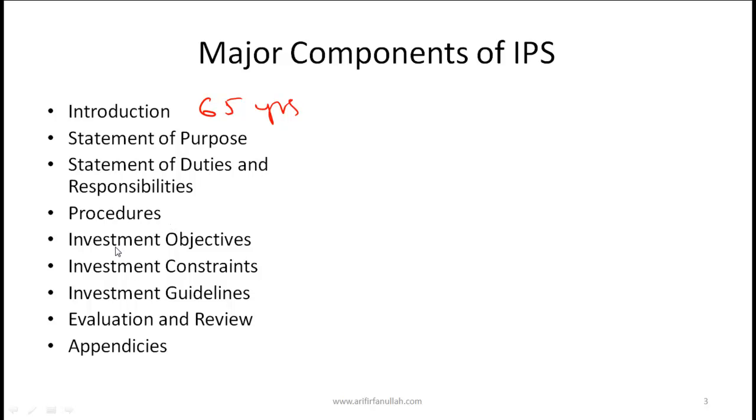Next, we document the investment objectives. So this explains the client's objectives, and on the next few slides we'll specifically talk about the most important objectives, which are the return objectives and the risk objectives. We then talk about investment constraints. There are 5 constraints which we will talk about soon. Investment guidelines.